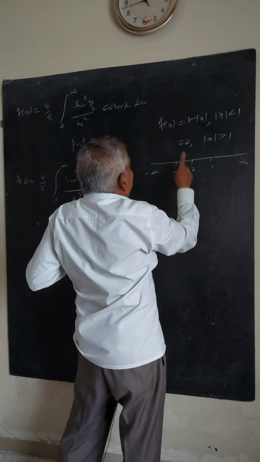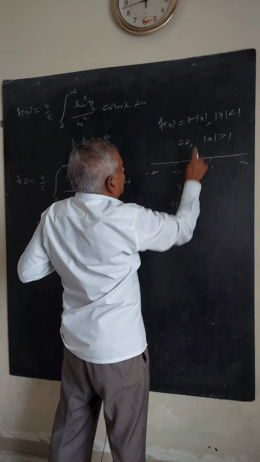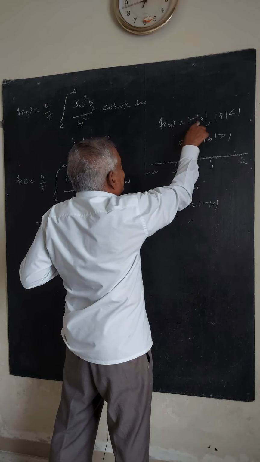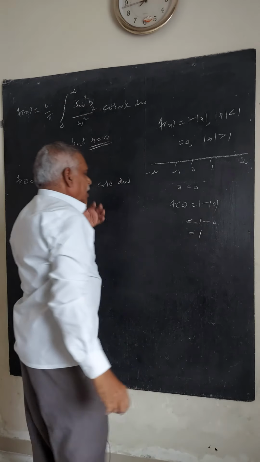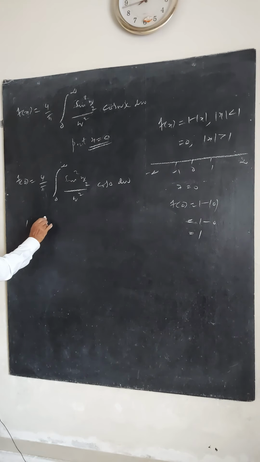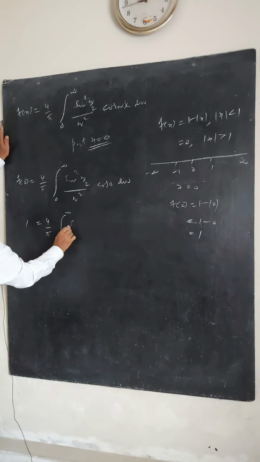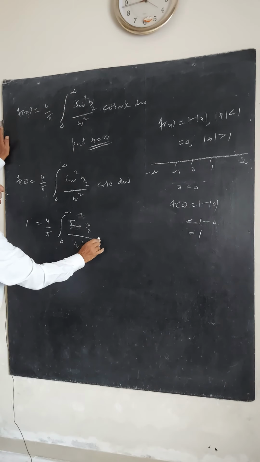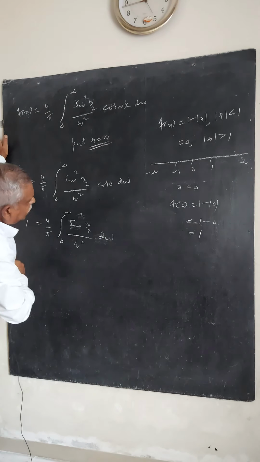Therefore, when x equals 0, f of 0 is 1 minus modulus of 0, which is 1 minus 0. f of 0 is 1 here. So 4 by pi, 0 to infinity, sin square omega by 2 by omega square d omega, since cos 0 is 1.